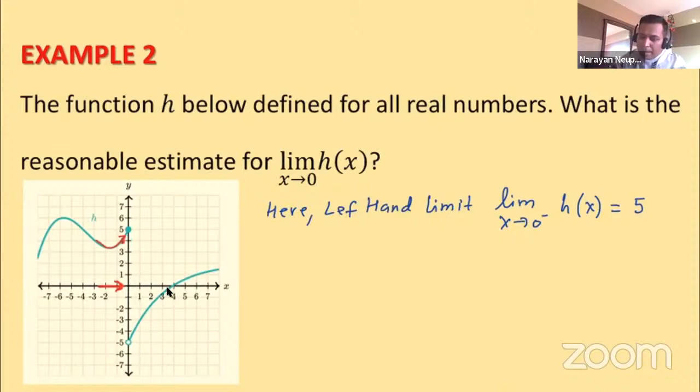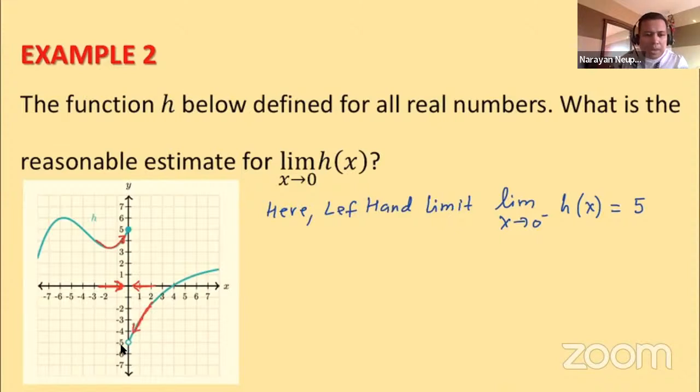Now let's look at the right-hand limit. That is when we approach 0 from the right-hand side. If we approach 0 from the right, you can see this function is continuously decreasing and approaching a y value, which is -5.